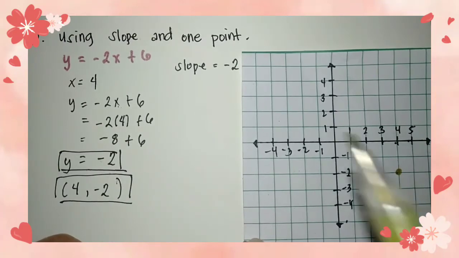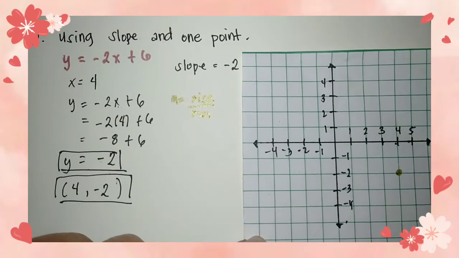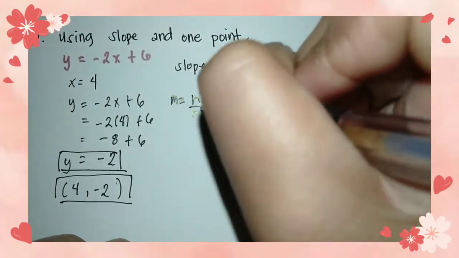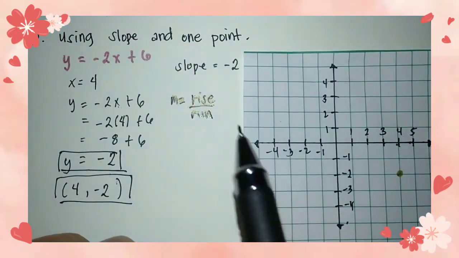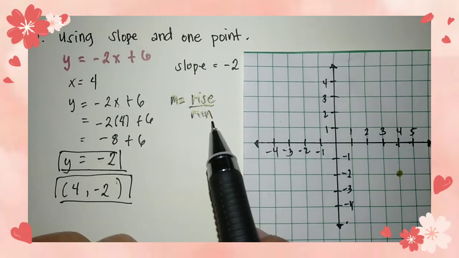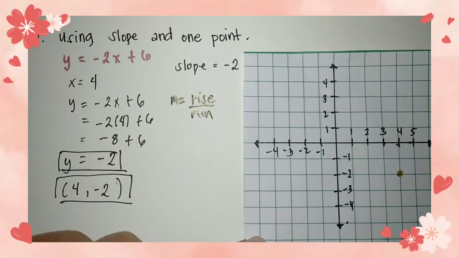How are we going to graph the slope? Meron tayong tinatawag na m is equal to rise over run. Wherein yung rise natin, it is the change in vertical and run is the change in horizontal. So, enable for us to graph this, kagaya lang siya nung sa third method natin, yung using slope and y-intercepts, okay?